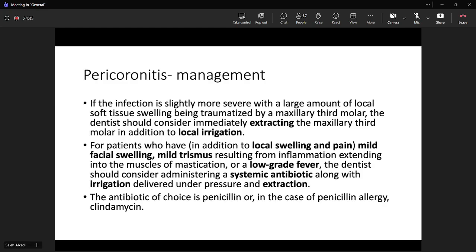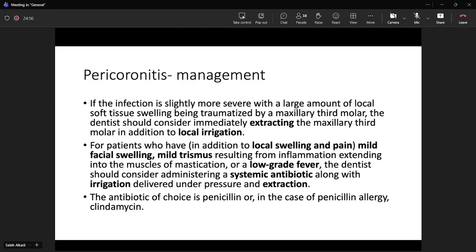So in this case, we remove the cause, which is the impinging upper third molar. As we mentioned, one of the important causes for pericoronitis is an impinging upper third molar. So if you extract the upper third molar, then you remove the cause, and you also do local irrigation of the area under the operculum.